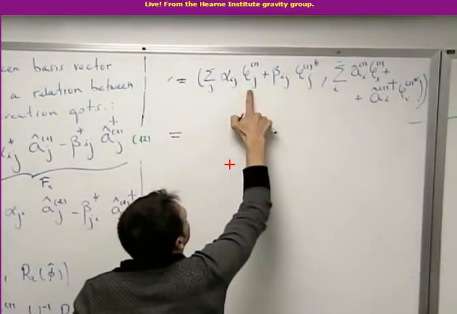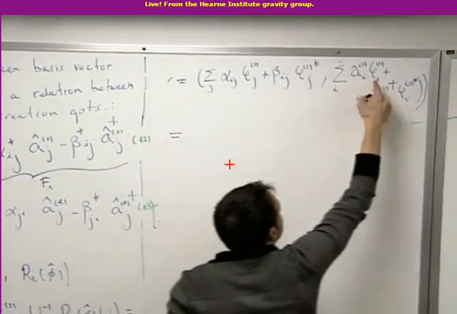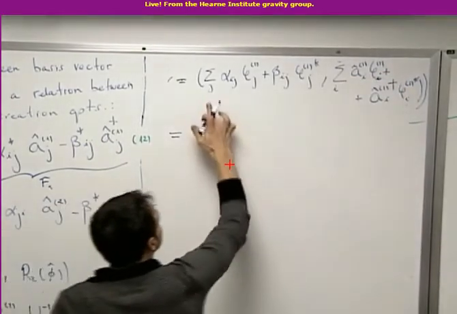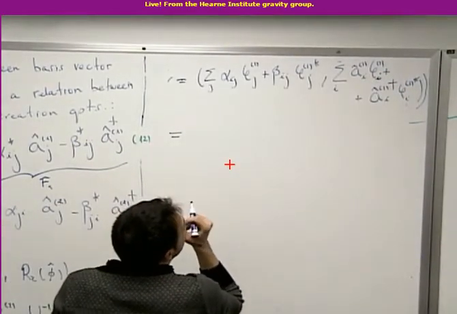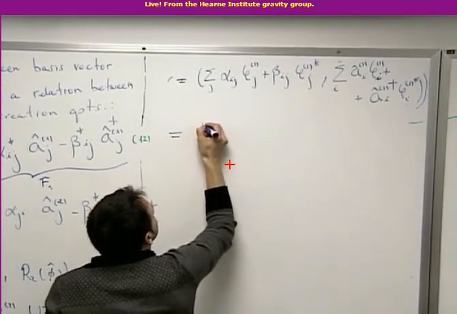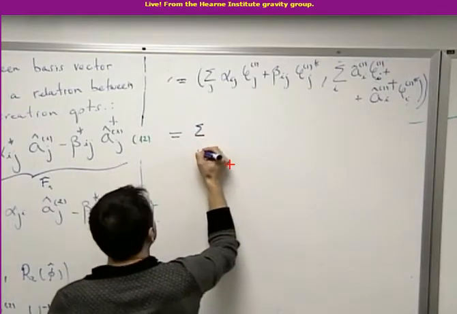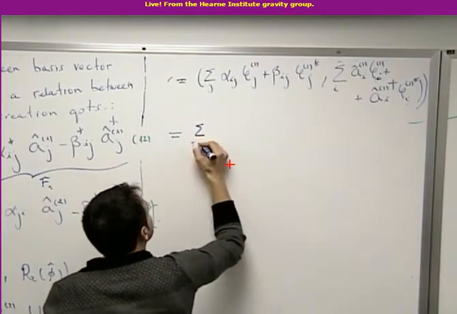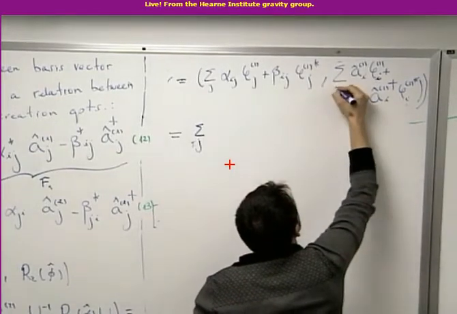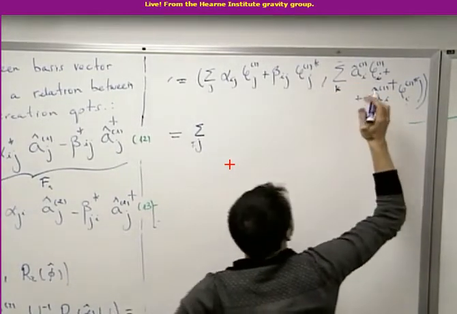And phi 1j with phi 1i is a delta ij that will kill one of the sums, and that will give me a sum in j. Sorry, I should use a different index here, because I am using i here.